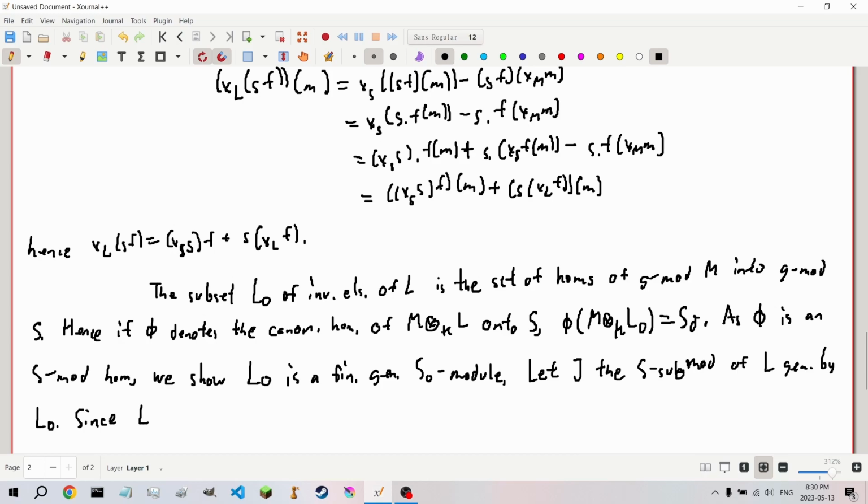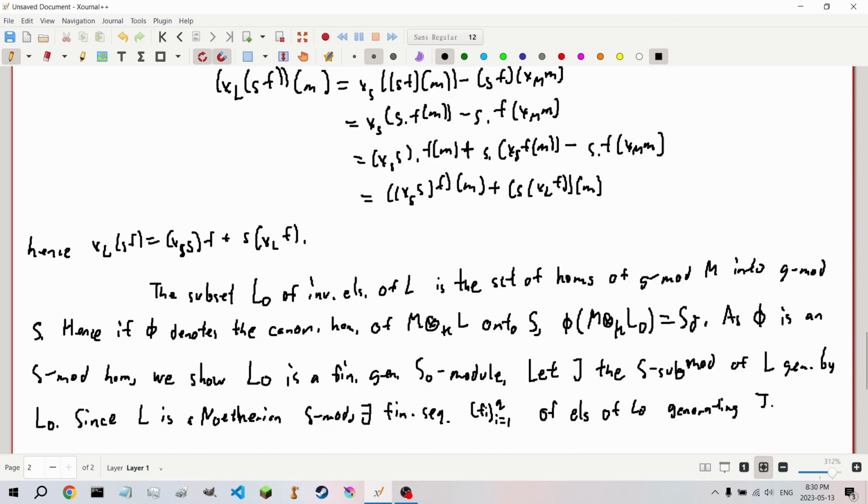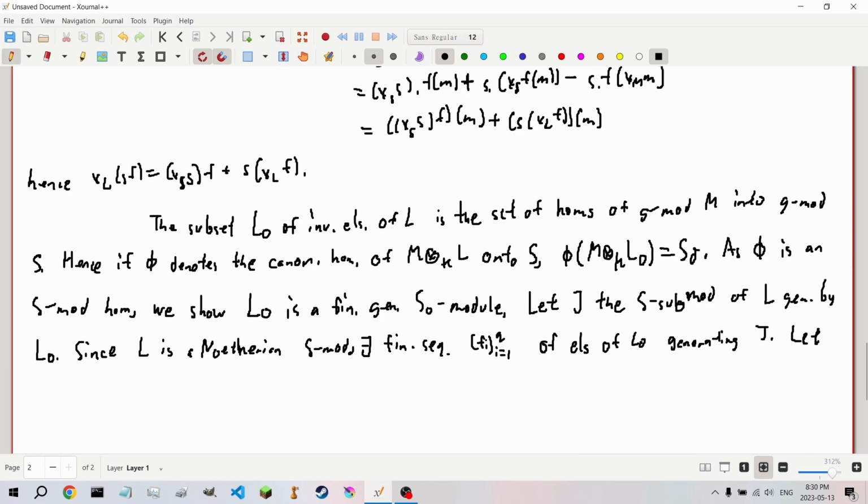Since L is a Noetherian S module, there exists a finite sequence Fi from 1 to Q of elements of L0 generating J. Let L1 be the S0 module generated by these Fi.